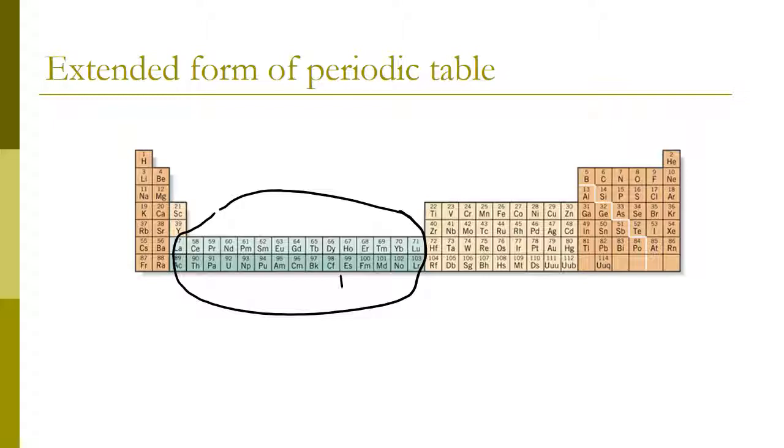So what we've done is pulled those to the very bottom, and then pulled the rest of the elements back together. Just know that they actually belong in the center of the periodic table, even though we usually list them at the bottom. This one is also showing that dividing line between metals and nonmetals again, just to make sure you know where those are at.